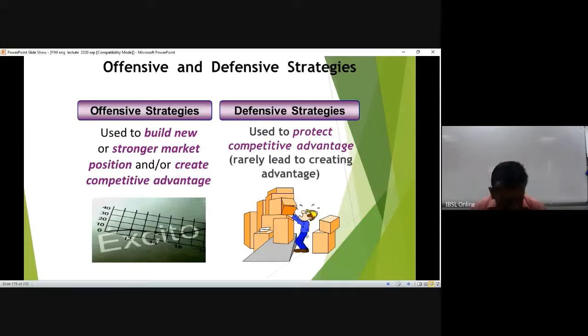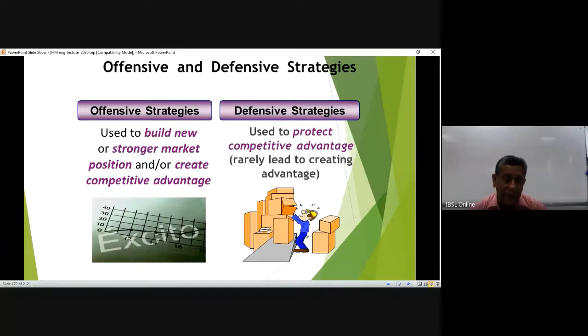Flank attack means you analyze your competitor, see the weaknesses of that competitor, and attack those weaknesses. Another offensive strategy is the frontal attack, which means you are trying to offer a quality product at a low price.